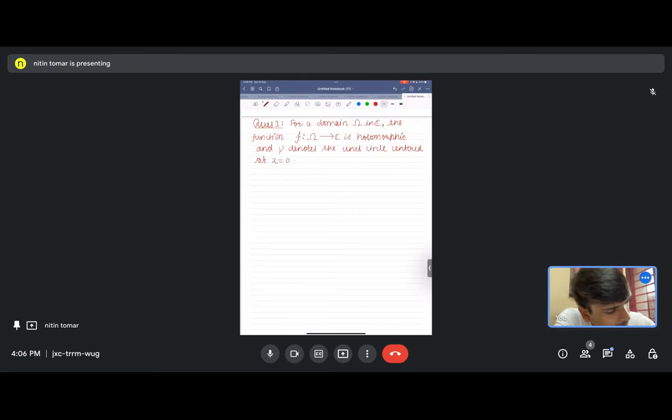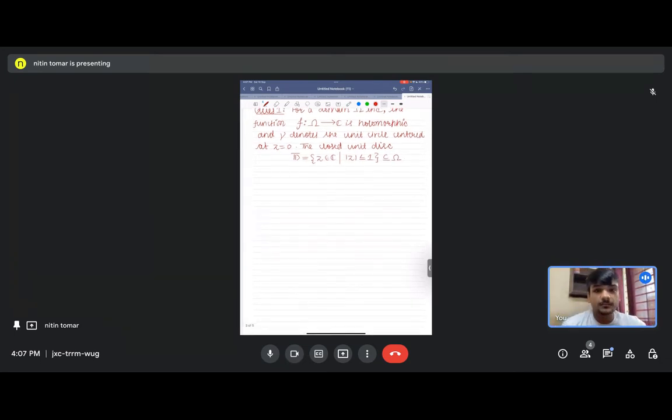And one more thing, the closed unit disk, denoted D bar, is the set of z in C such that mod z is less than or equal to 1. This is contained in omega. There are some parts in this question, and we will see them one by one, or rather we'll give it in one hit.